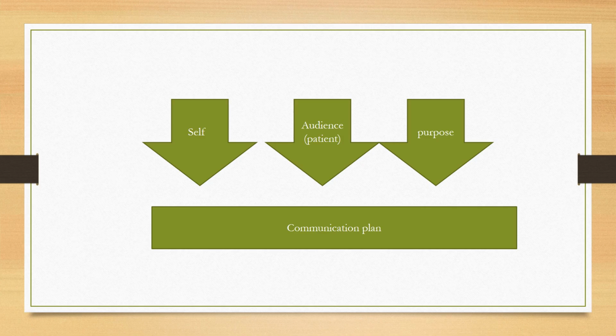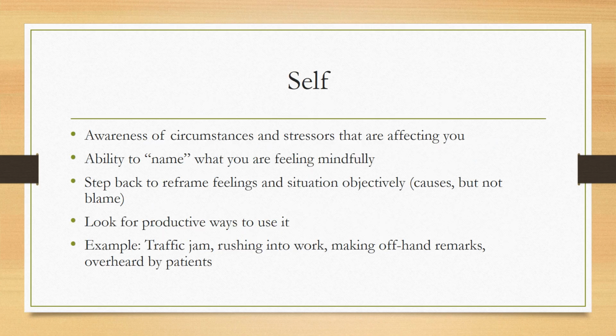But there are three things that come into that plan that you're going to execute, that communication plan: self, that's you, the audience and your understanding of the audience, and the purpose you have. So in terms of self, we're going to talk about mindfulness and things along that way, and empathy.